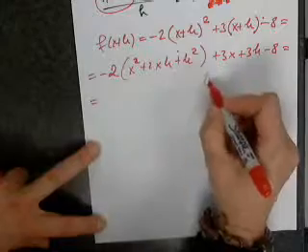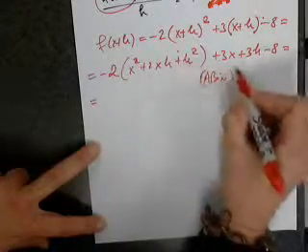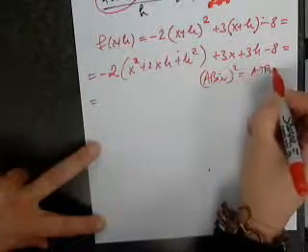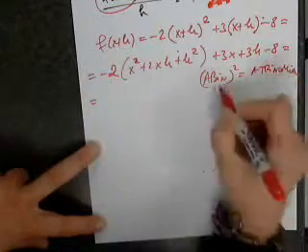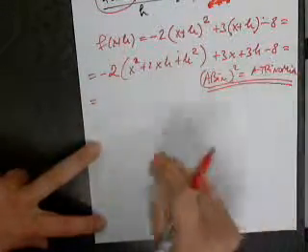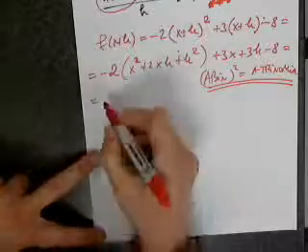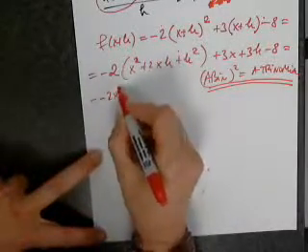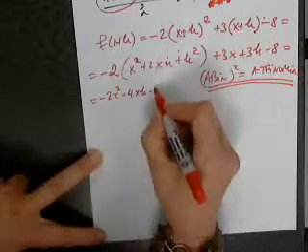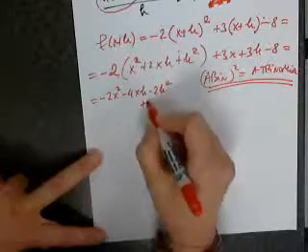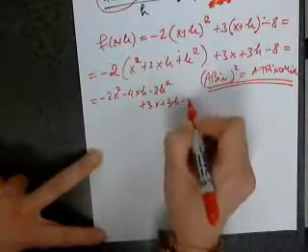Please remember, a binomial squared is a trinomial. So negative 2x squared minus 4xh minus 2h squared plus 3x plus 3h minus 8.